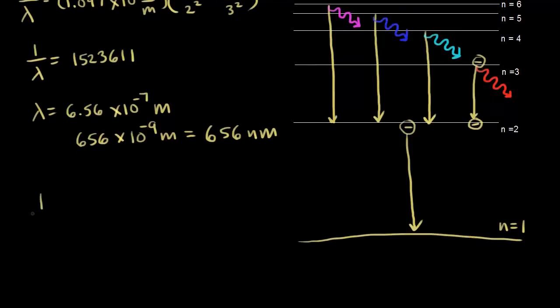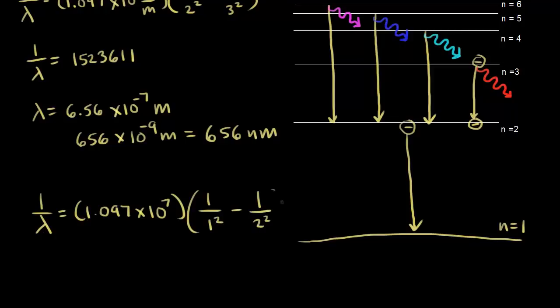So this would be 1 over lambda is equal to the Rydberg constant, 1.097 times 10 to the 7th, that's 1 over meters. And then we're going from the second energy level to the first, so this would be 1 over the lower energy level squared, n is equal to 1 squared, minus 1 over 2 squared.